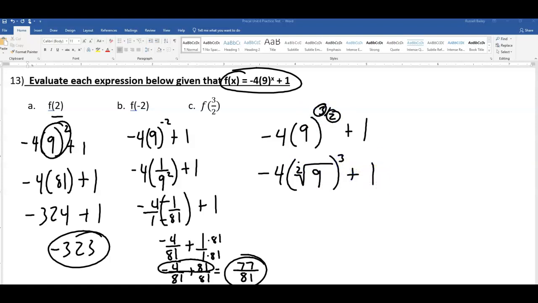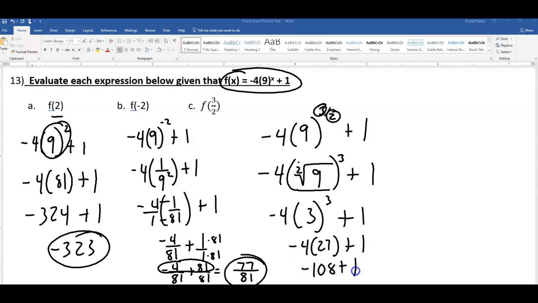So we're looking for the square root of 9, which is 3. Then we're cubing it to get 27. Multiplication gives negative 108. Adding that to 1, we get negative 107. Final answer there.